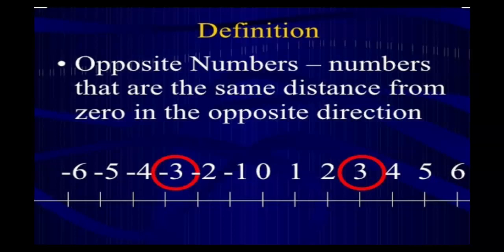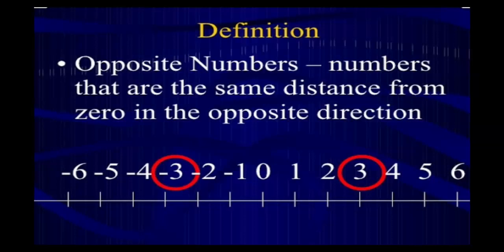As the number 1 starts, it is at a particular distance, and that same distance we use to represent minus 1 on the other side of 0. You see both are equidistant: 1 and minus 1 from 0, 2 and minus 2 from 0. Such numbers are known as opposite numbers. So minus 3 and 3, I'll call them opposite numbers.